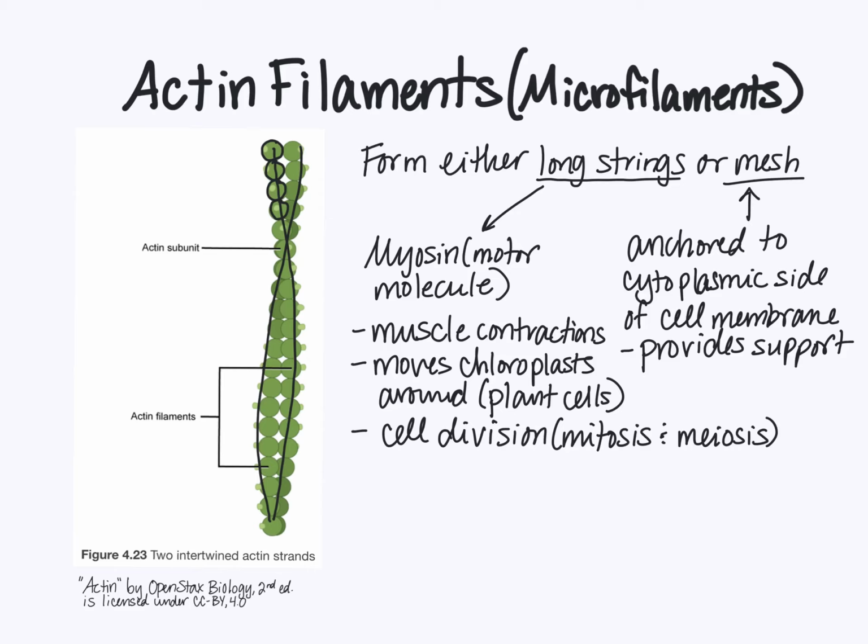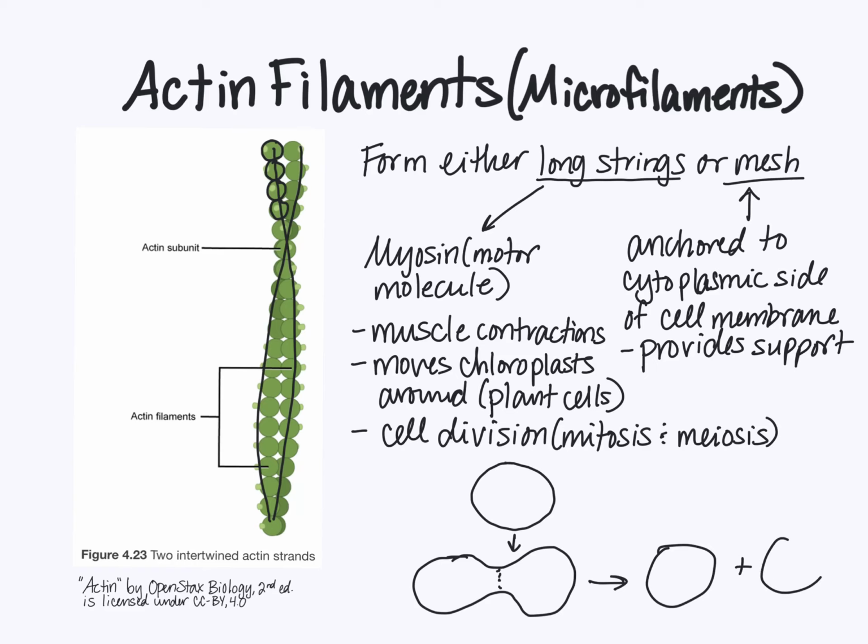But during cell division, what happens is that you start with a single cell that ultimately starts to kind of form almost like a peanut shape. And that's because the cell membrane is starting to pinch in the middle. And it's actually the actin filaments that are pinching in that middle so that you ultimately end up with two separate cells that have been pinched apart from each other.